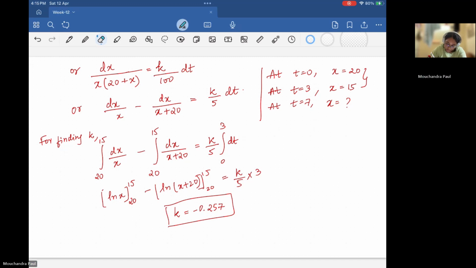So we are getting 0.25 as the value of p.